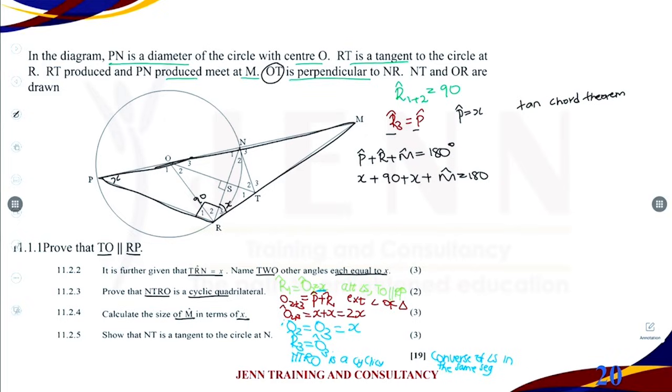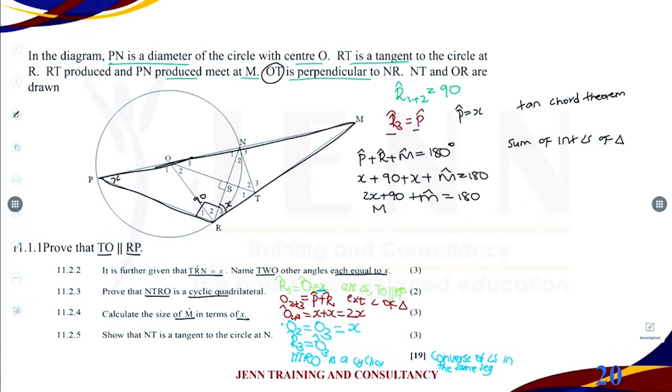Whenever you write in circle geometry, you must provide a reason. So the reason for that will be sum of interior angles of a triangle. Therefore, 2x plus 90 plus M is equal to 180.